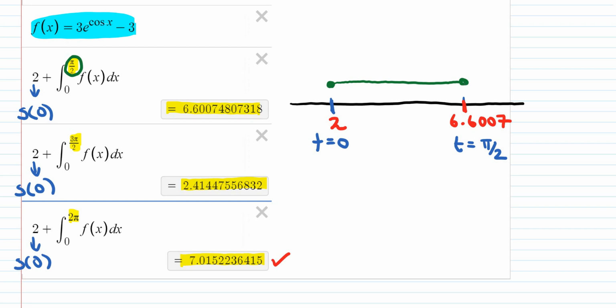Okay, and then our next time value is 3 pi over 2, and you might remember from the very first question of this particular problem, at 3 pi over 2, we're actually coming back, right? So it has a value of 2.4144.